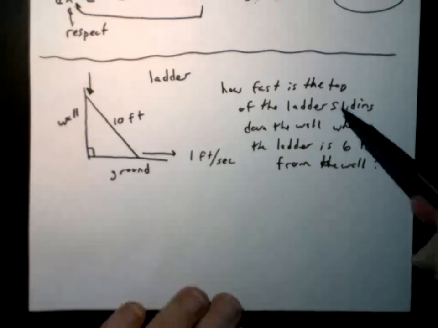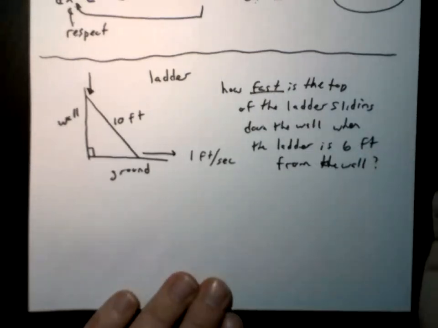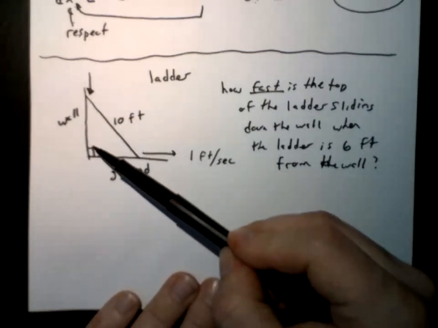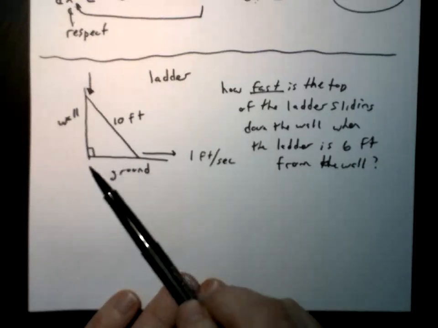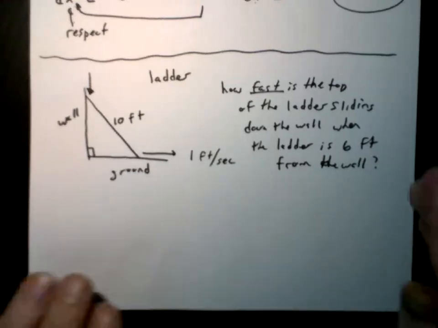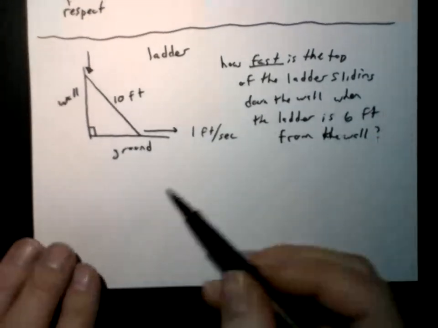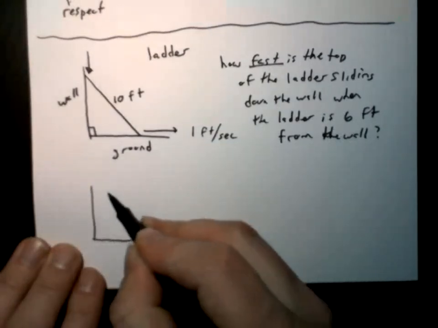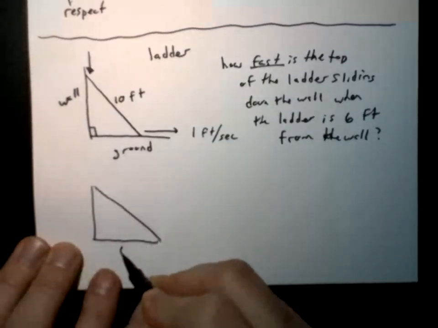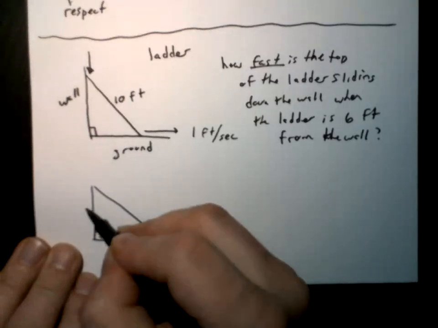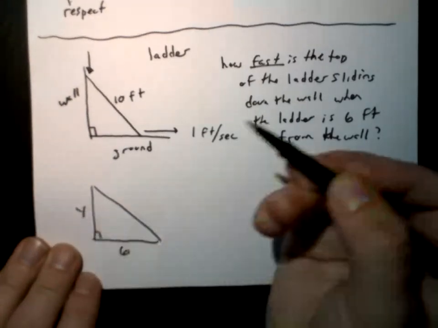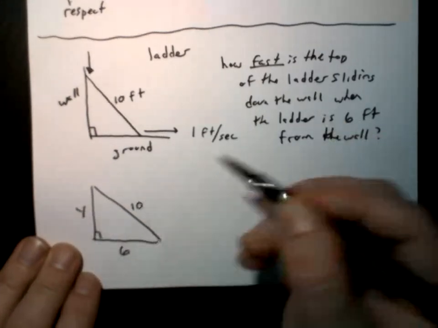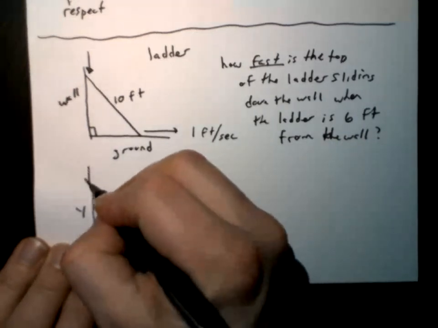So we want to find out what rate the ladder is slipping down when the bottom is 6 feet from the wall. So let's make another picture, kind of see what's going on. We have this, so this is 6. This is still 90. This is like your y. This is still going to be 10. And it's going down here.